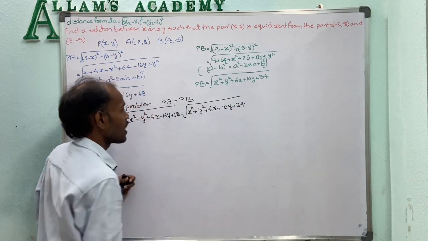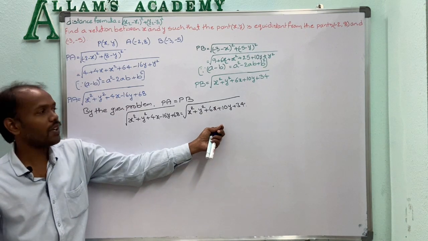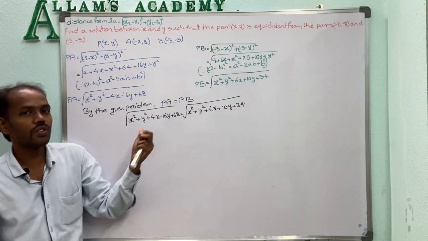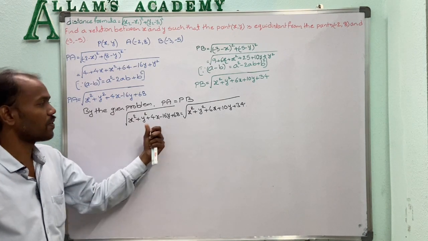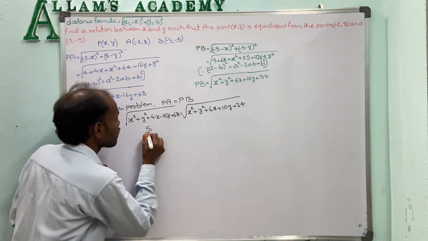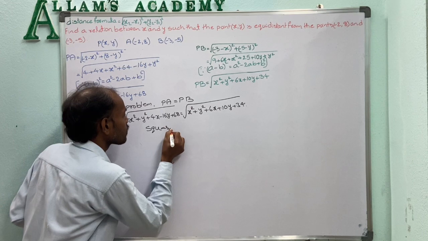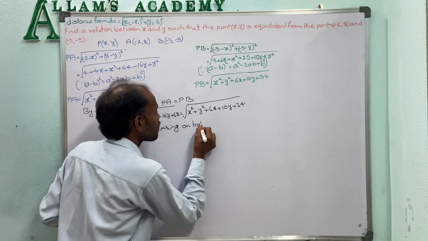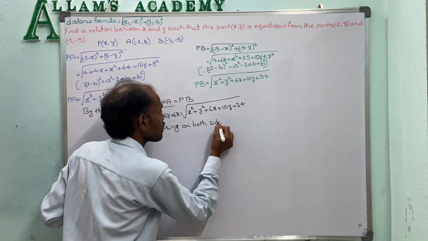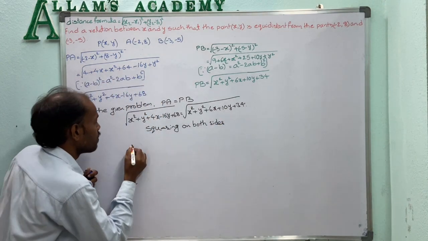Now, finding the relation between x and y, first this square root we need to cancel. For cancelling the square root, we square on both sides. Now square root will be cancelled.